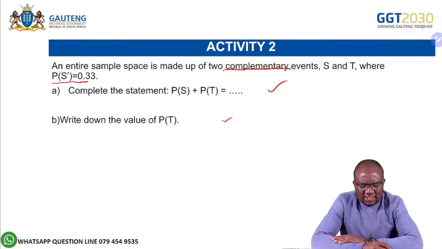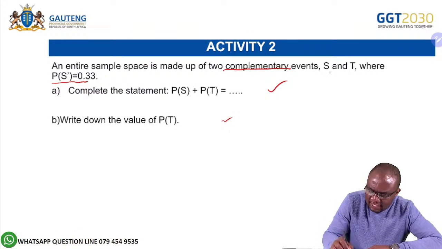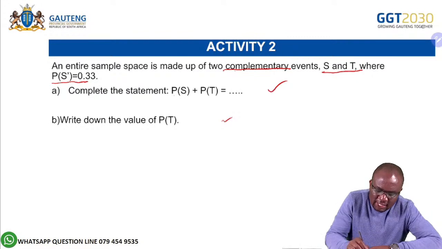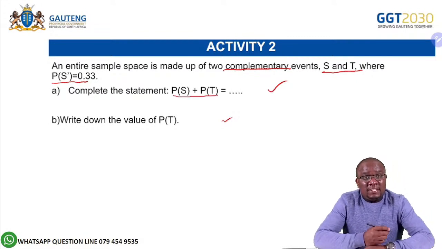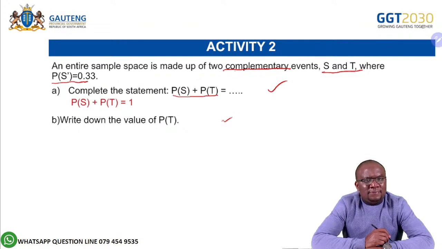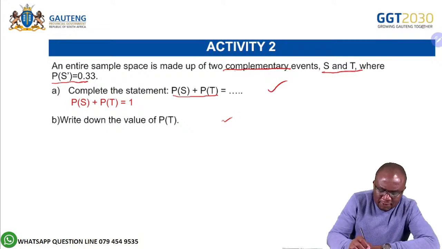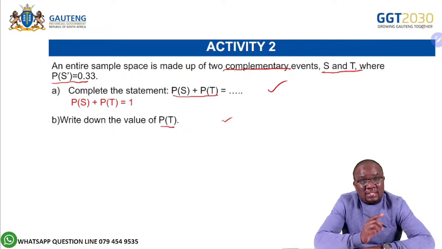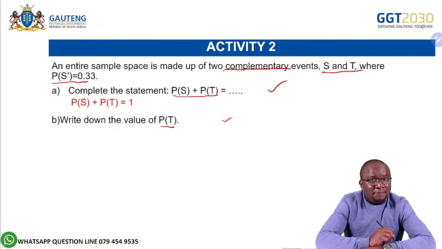Right, welcome back, greetings. So if events S and T are complementary events, therefore probability of S plus probability of T is equal to 1. Okay, do you remember that? Right, write down the value of probability of T. What did we say? Remember when I used that example of passing and failing?